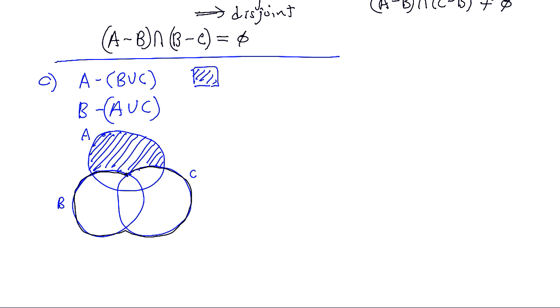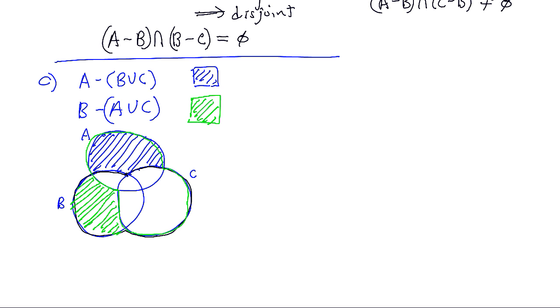Okay? And now in green, I'll do B minus (A union C). First of all, here's A union C in green line like this. There's A union C. And so B minus that is everything in B, but not in those two sets.